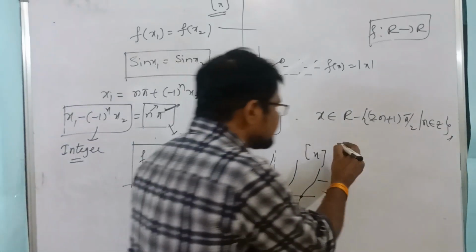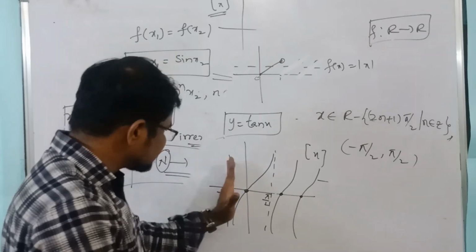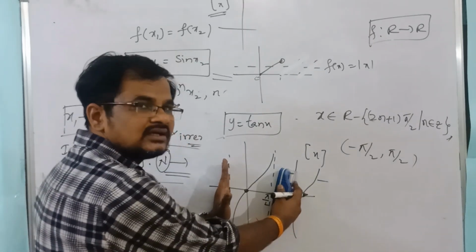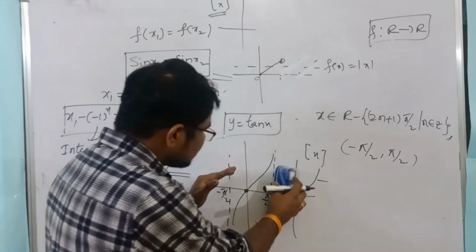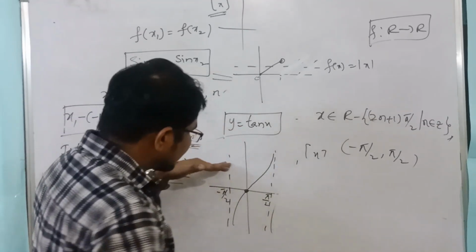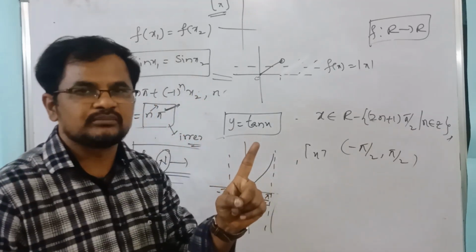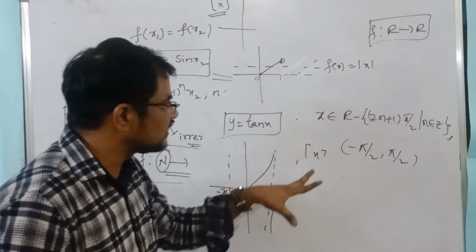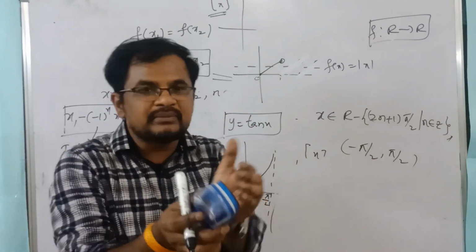But if its domain is defined as minus pi by 2 to pi by 2, it is a one-one function only, right? Because if you take any line parallel to the x-axis, it intersects the graph at only one point. So that is the difference between the original domain and the restricted domain we converted it into.